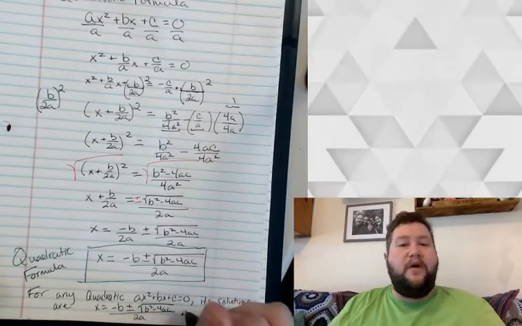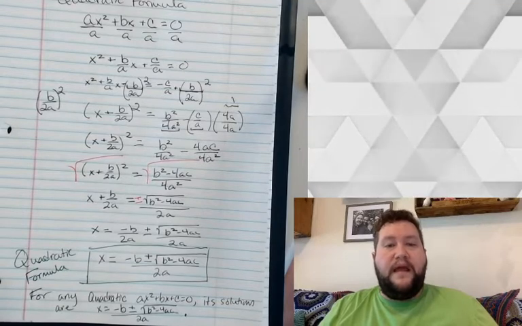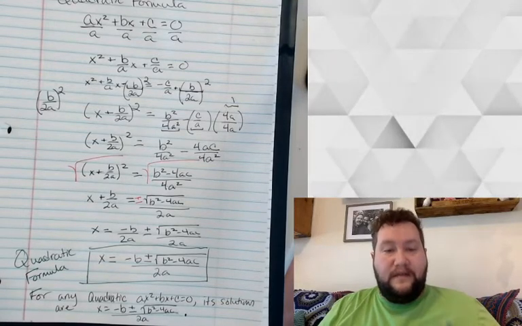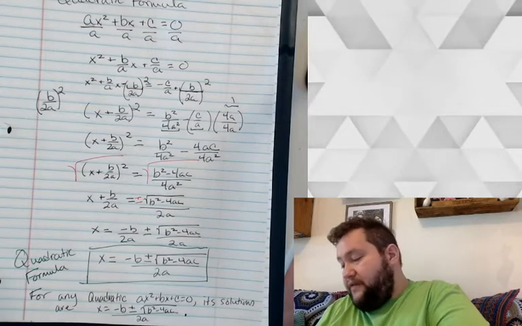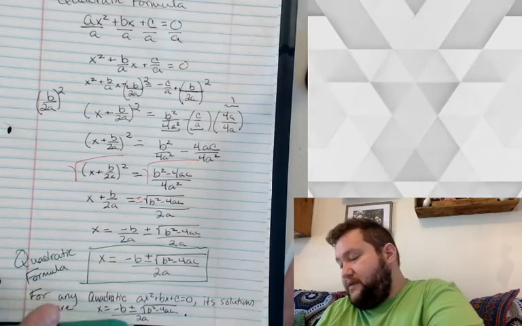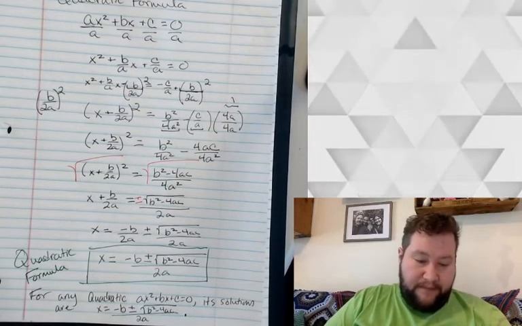So that means always, always, always, if you have a quadratic, its solutions, the values that make it true, are given by negative b plus or minus the square root of b squared minus 4ac all over 2a.